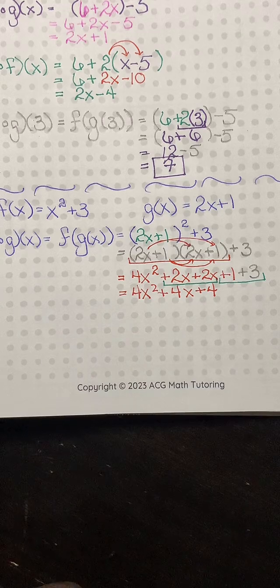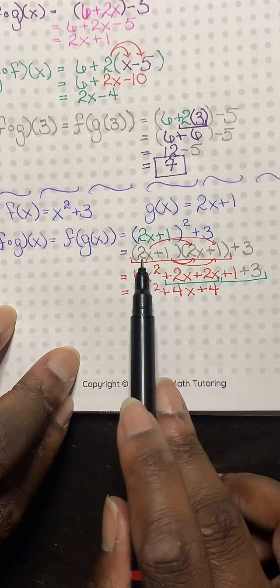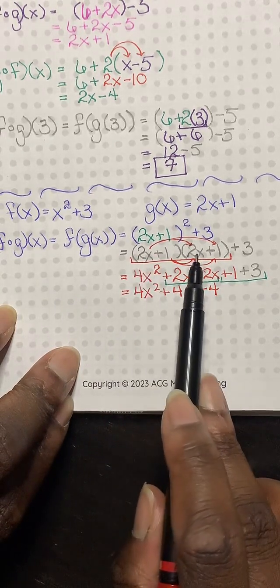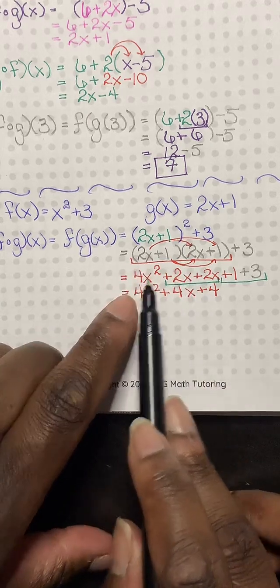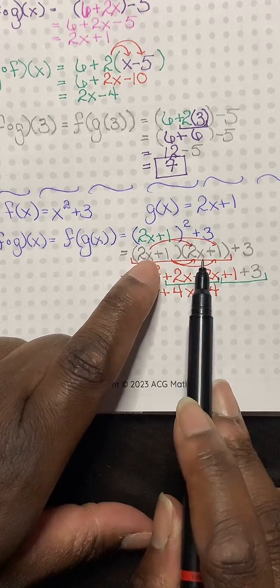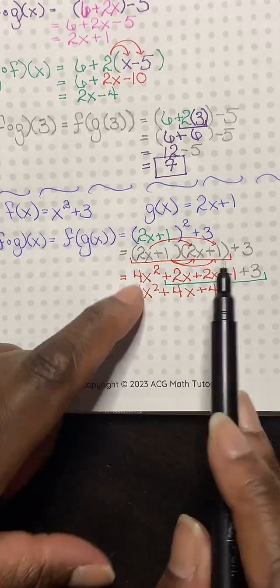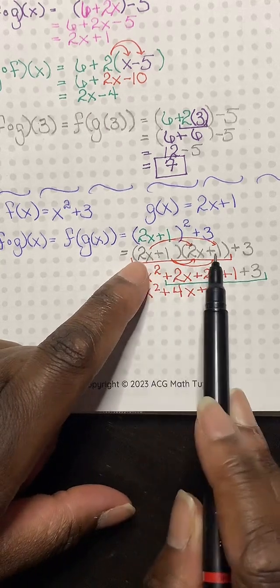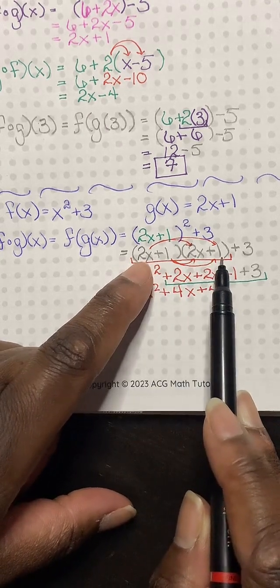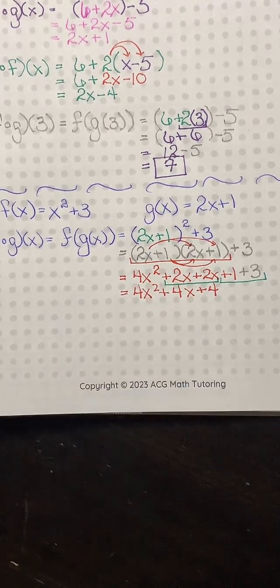Does that only apply to 4x? The reason why there's an exponent with the 4x is because when I multiply the 2x and the 2x, the 2 times 2 gives me 4, but when I had 2 x's to multiply, that's where this 2 came from. But if I try to multiply the 2x with the 1, there's only one x, so I don't have to worry about exponents.